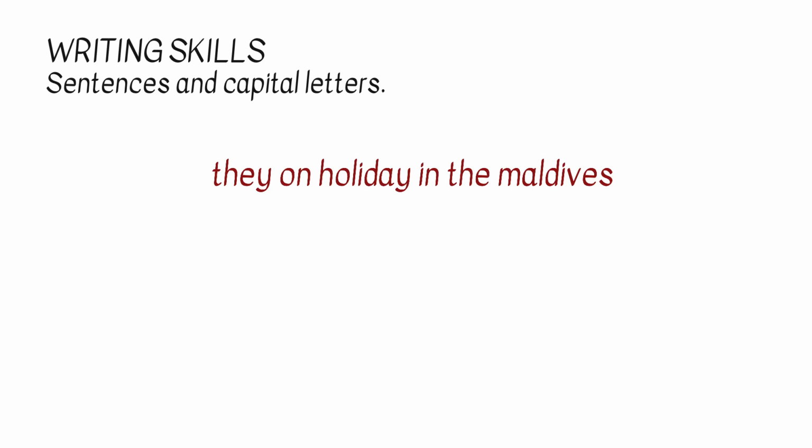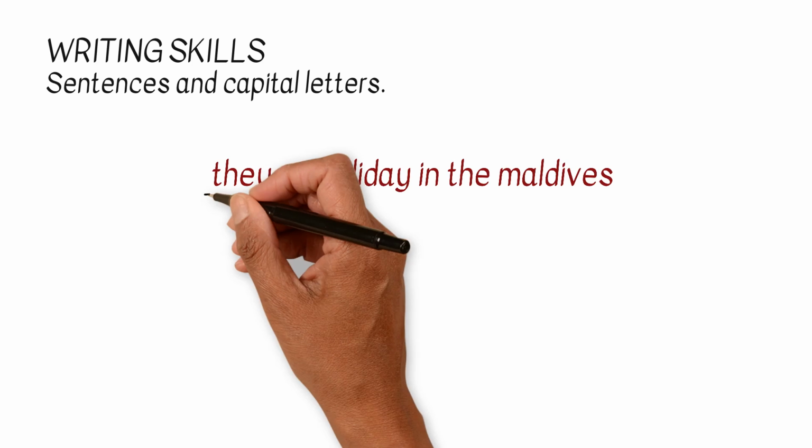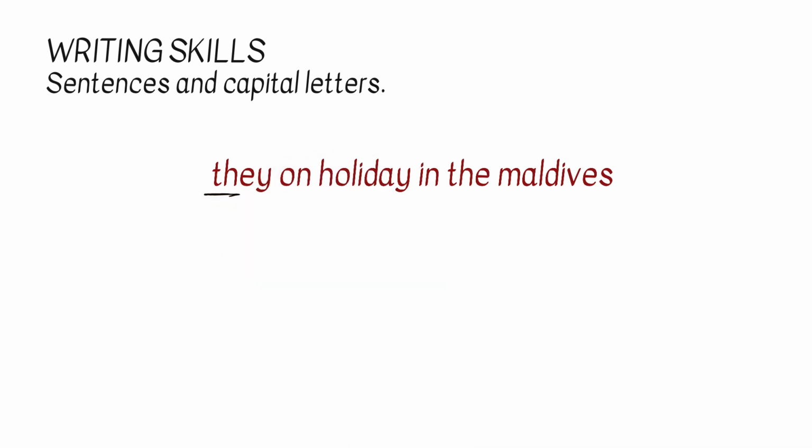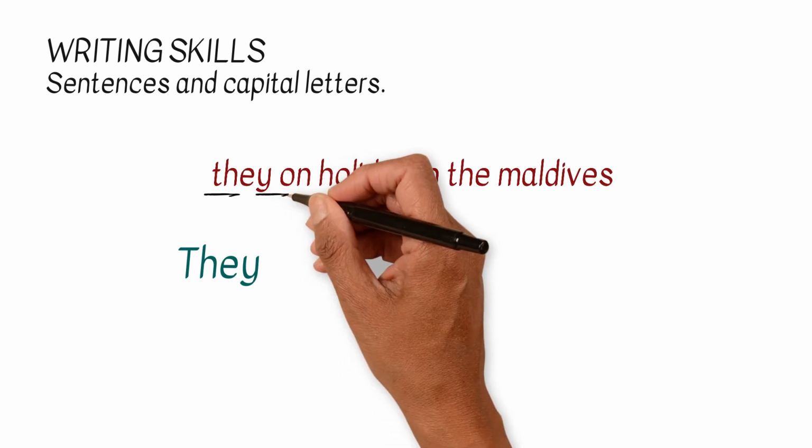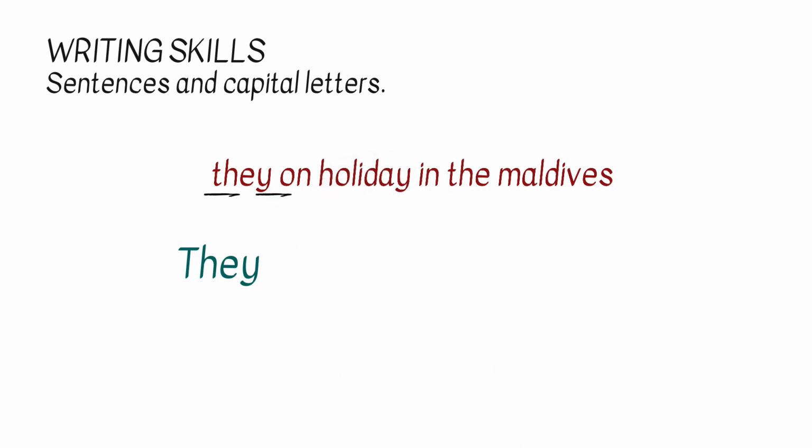They on holiday in the Maldives. Okay, firstly, they starts the sentence and it needs a capital letter. Secondly, we are missing a verb. The verb to be needs to be in here.